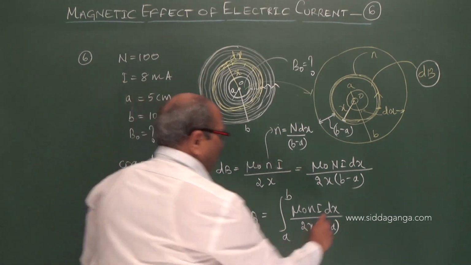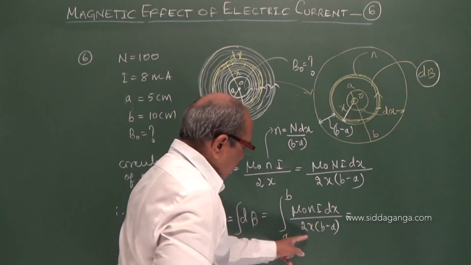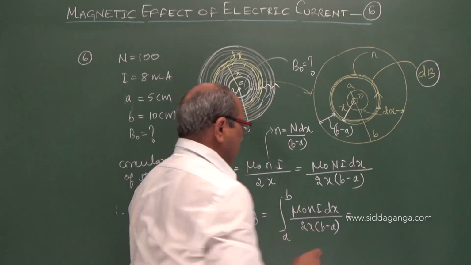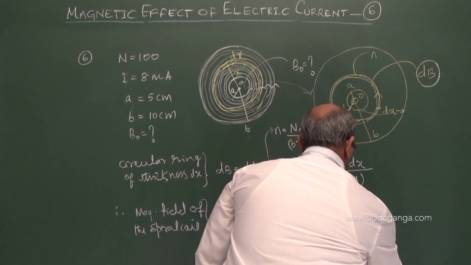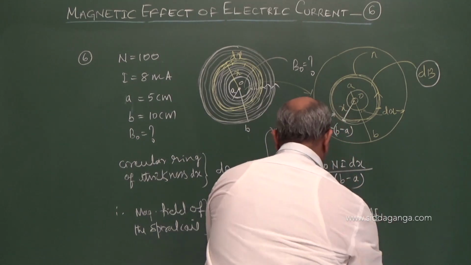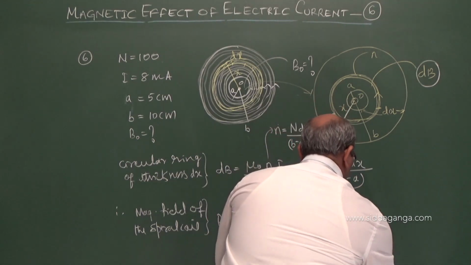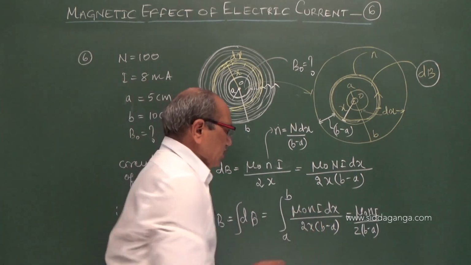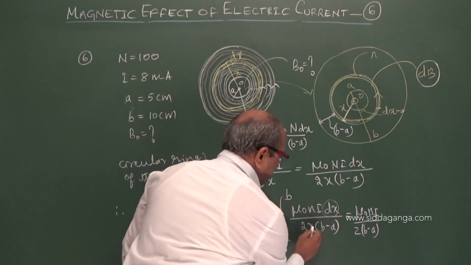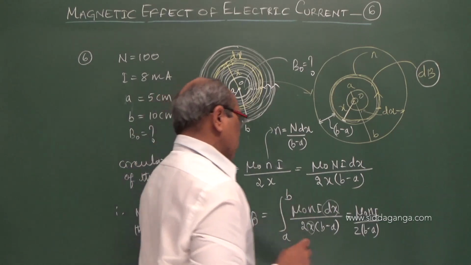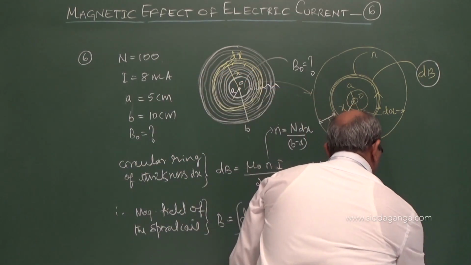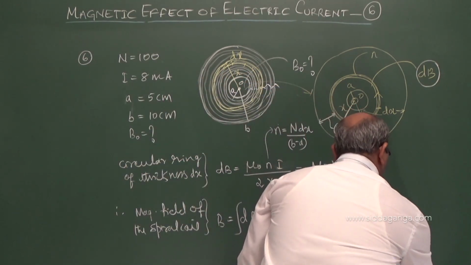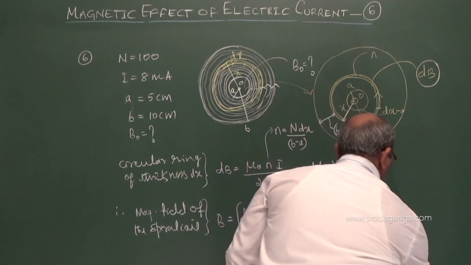So mu naught n i upon 2 into b minus a is a constant. Dx by x, see this, dx by x is log x, ln x from a to b.